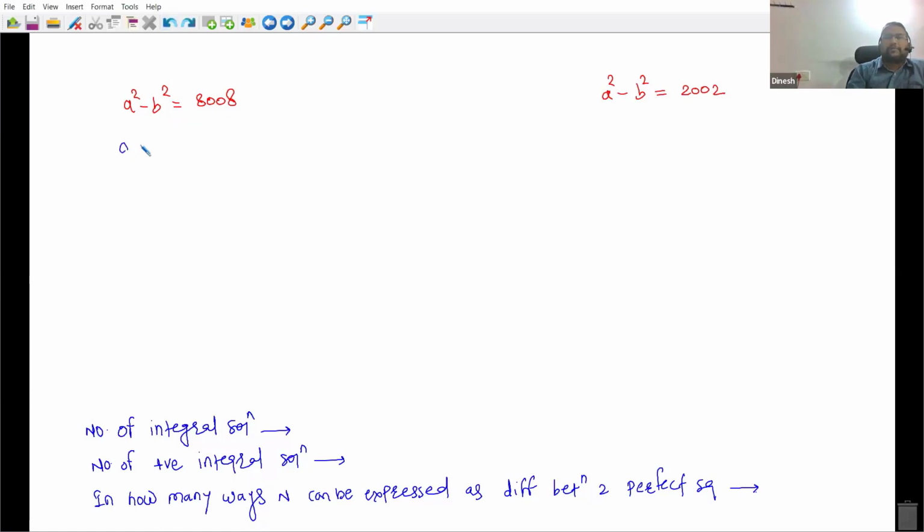So first step, (a minus b) into (a plus b) is equal to 8008. Both of these two brackets are supposed to be even and even. Even numbers are in the form of 2x into 2y is equal to 8008. So x into y is equal to 2002.